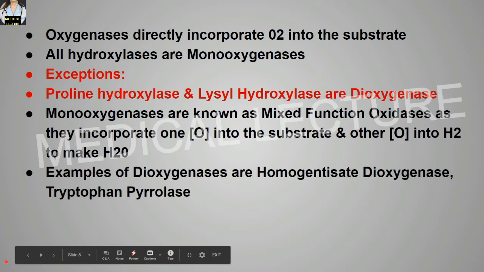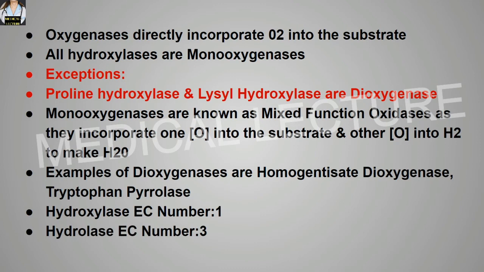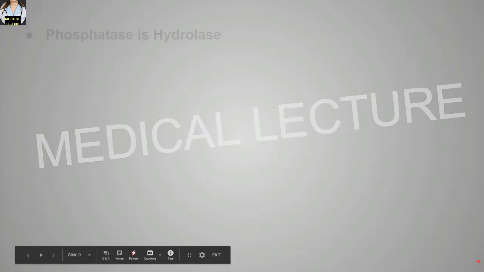Examples of dioxygenases are homogentisate dioxygenase and tryptophan pyrrolase. Hydroxylase comes under enzyme code number 1, while hydrolase comes under enzyme code number 3. The hydratase comes under enzyme code number 4. Phosphatase is a hydrolase.